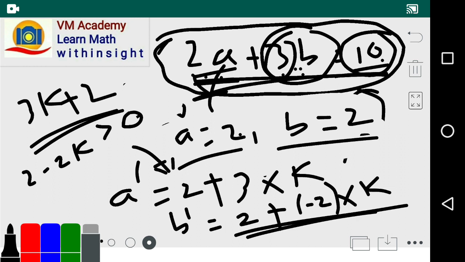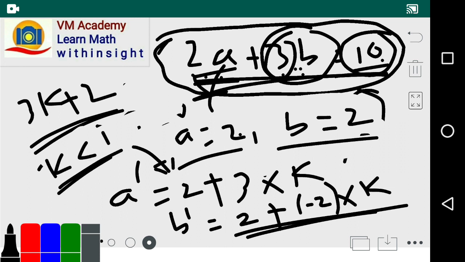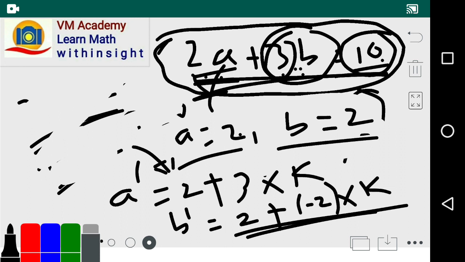That means 2 greater than 2K, that is 2K less than 2, that is K less than 1. Now K is an integer and K less than 1, that means K equal to 0, friends. Thus K equal to 0 is the only solution. Then this becomes 2 and this becomes 2. So 2 is the first solution.